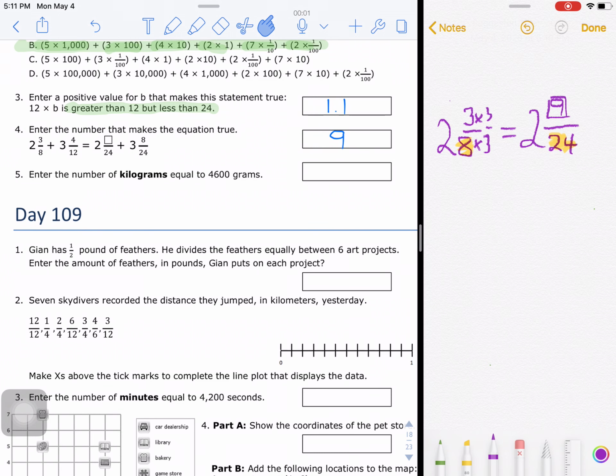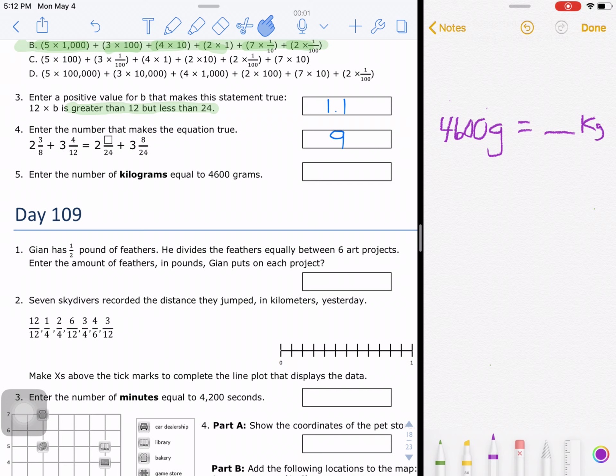Next question. Enter the number of kilograms equal to 4,600 grams. Again, we've been consistently doing conversion problems. And we'll start with what they give us, 4,600 grams. And they want to know how many kilograms that is. So let's write down our conversion.